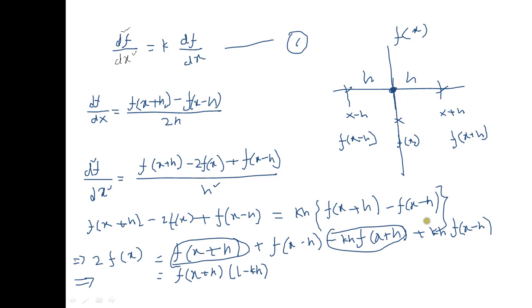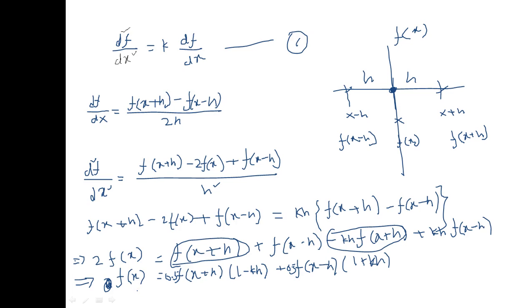Similarly we can do that for f(x-a), with 1 plus k a. So we have derived this equation: 2f(x) equal to something like that. We have to multiply with this half.